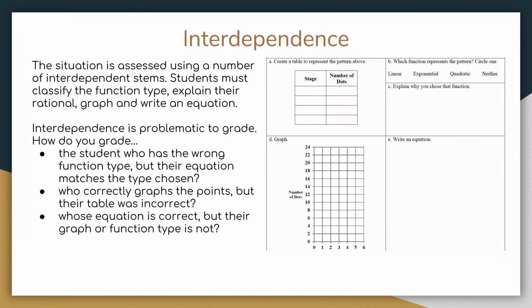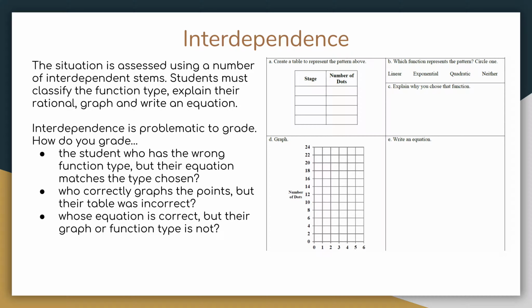Now, there's also the clang formed by interdependence. This is also from a past MCPS assessment which has been removed and upgraded. The situation is assessed using a number of interdependent stems. Students must classify the function type, explain their rationale, graph, and write an equation.